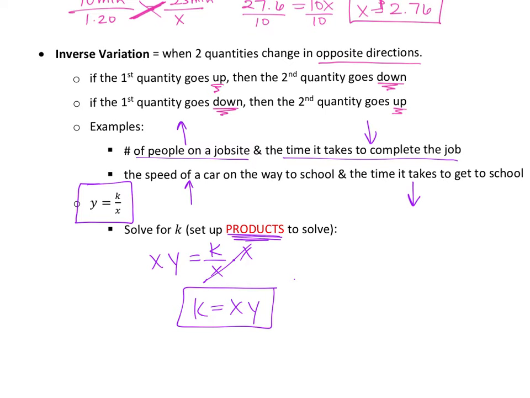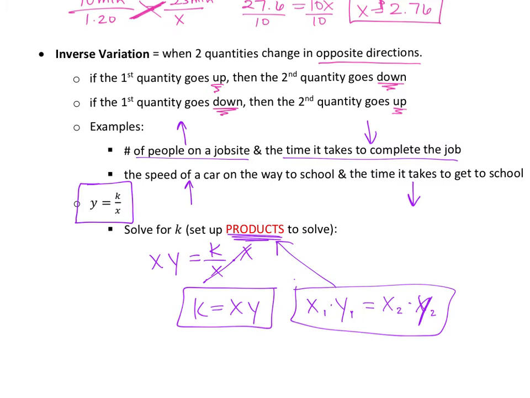In other words, we are multiplying our x and our y every time with inverse variation, okay? The way you can think of it is this. You take your x1 times your y1, and that will equal your x2 times y2. Okay, so you're going to set up products.